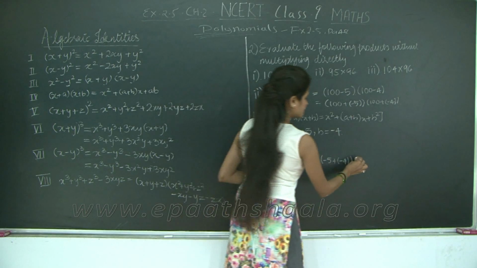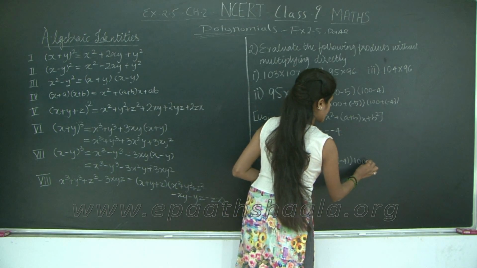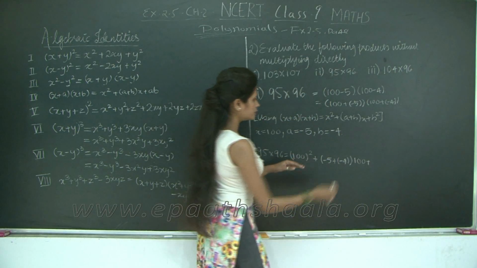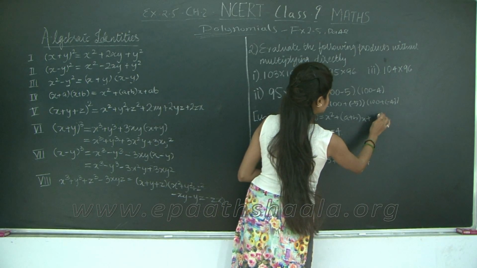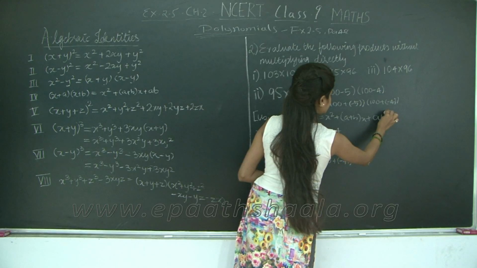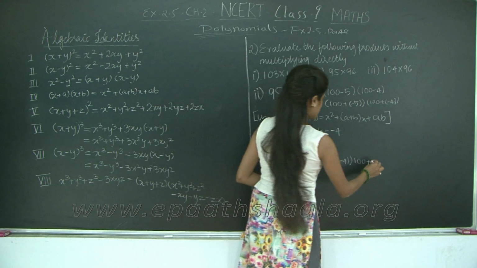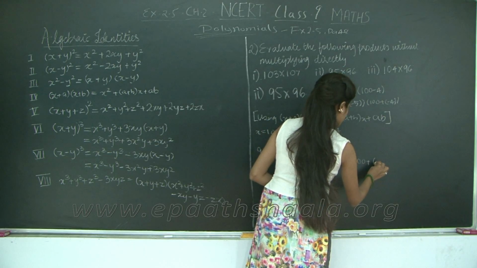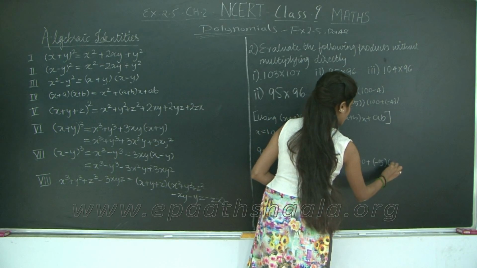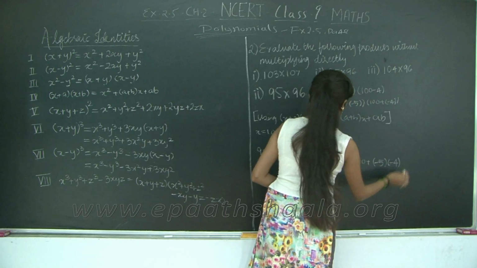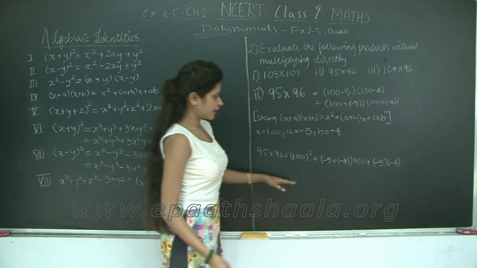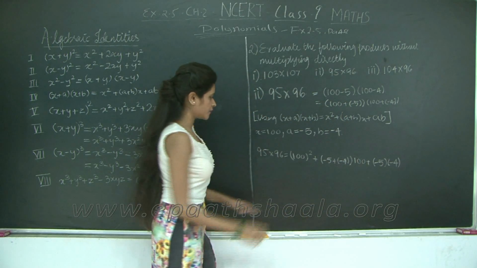So my x is 100 plus a into b. This is ab. Right? So my a is minus 5 into minus 4. Correct?